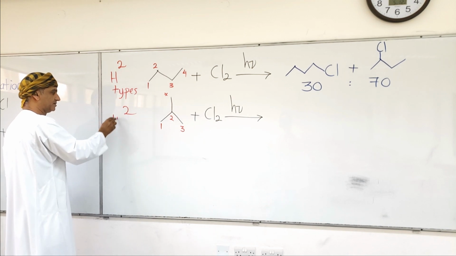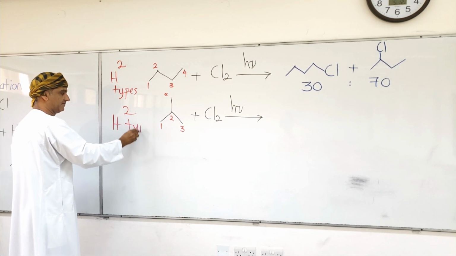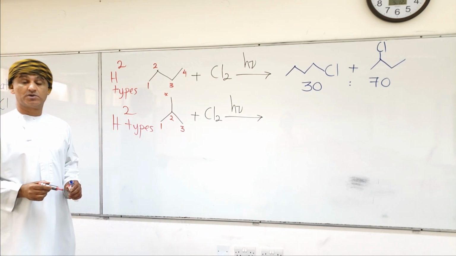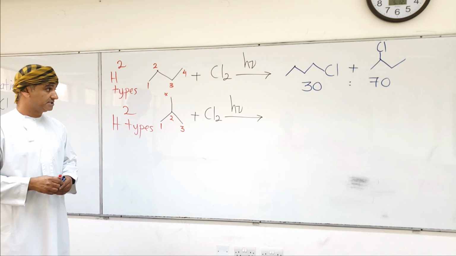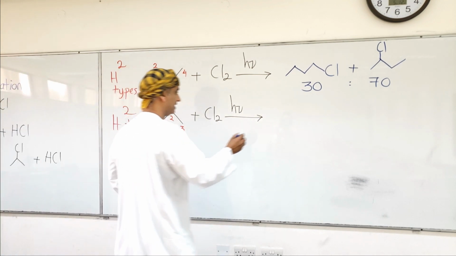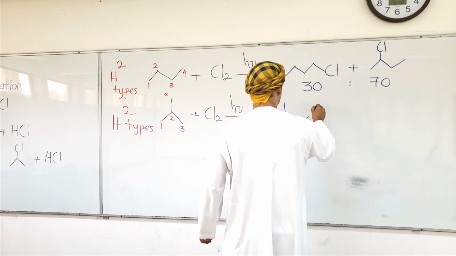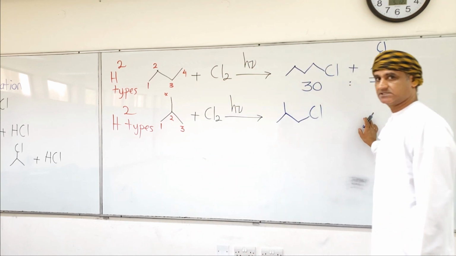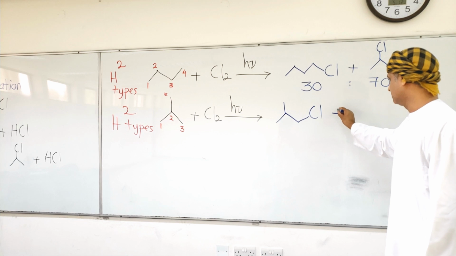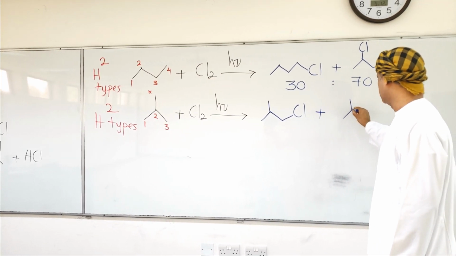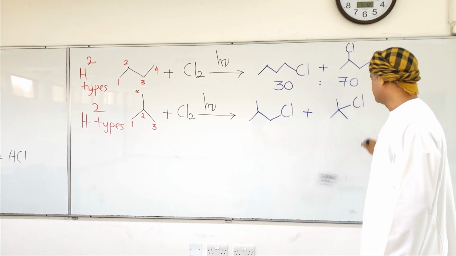There are 2 hydrogen types in this case, and therefore we expect 2 chlorination products. The first one would be, as you might expect, one of the 9 hydrogens is substituted, and the other one is obtained when the lone hydrogen on carbon 2 is substituted.